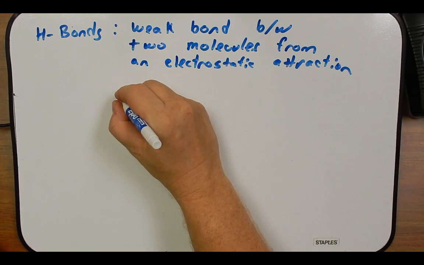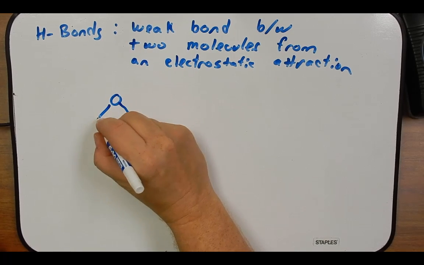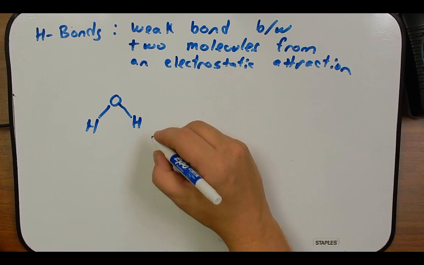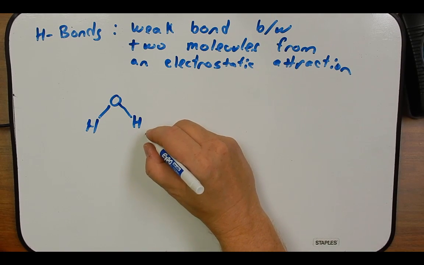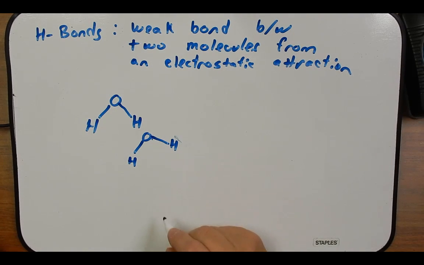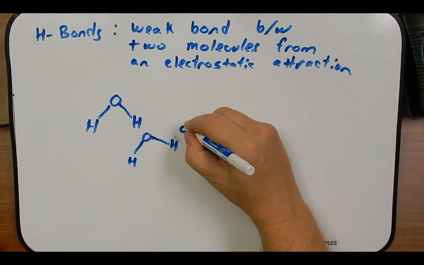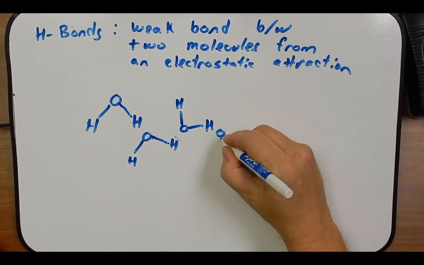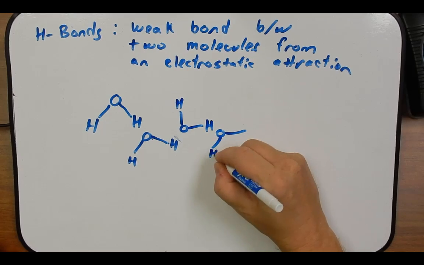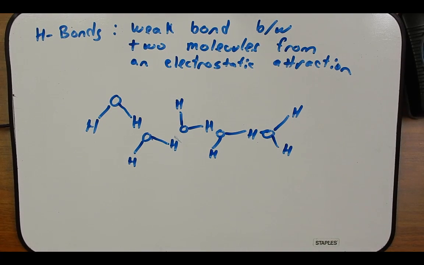So if I were to draw a very simple water molecule here, it can bind with a neighboring water molecule, and this water molecule can bind to an adjacent water molecule. And I'll draw one or two more here. And this can go on and on and on.